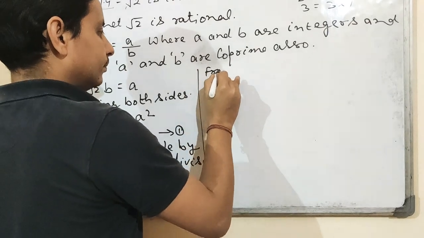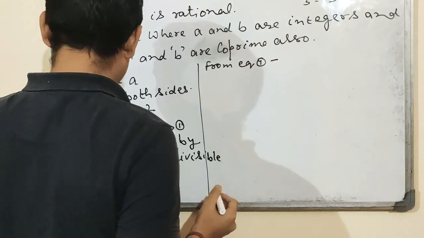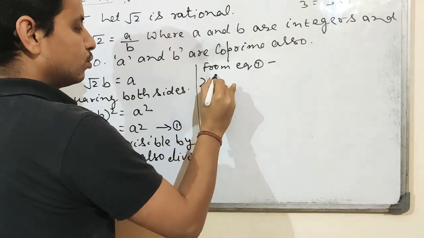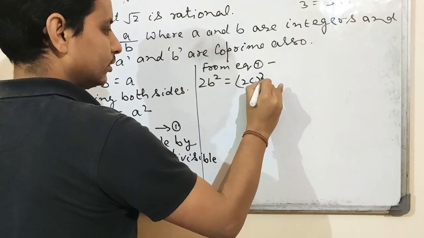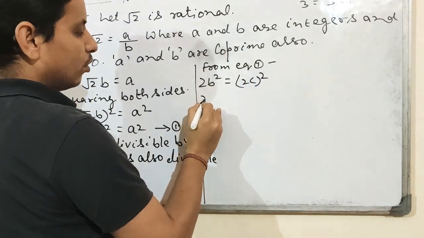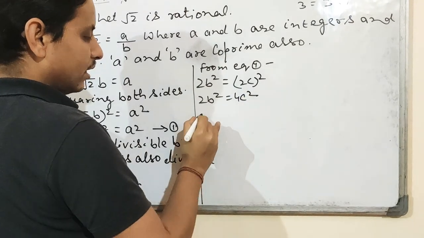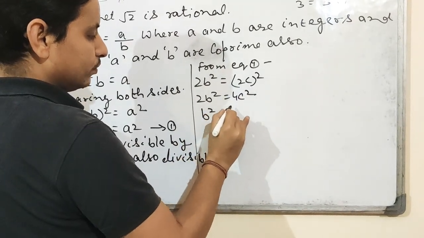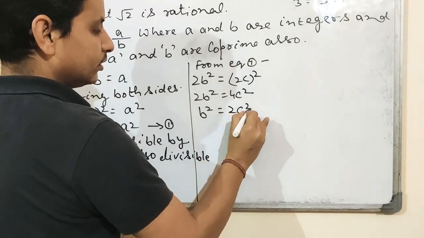From equation 1, we have 2b square equal to (2c) square. Now 2b square equal to 4c square, and b square equal to 2c square.